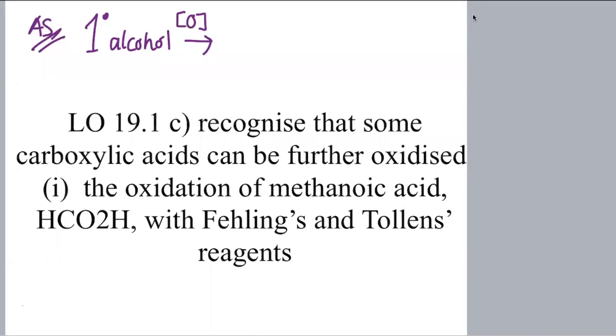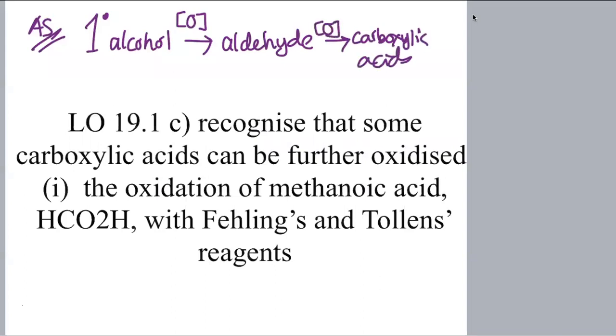When we oxidize primary alcohol, first it goes into an aldehyde, and then it goes to carboxylic acid. This is what we learned from AS. Now in A2, in AS we said carboxylic acid can no longer be oxidized further. In A2 there are two types of carboxylic acids that can be oxidized further.